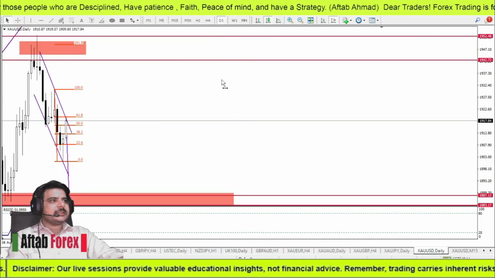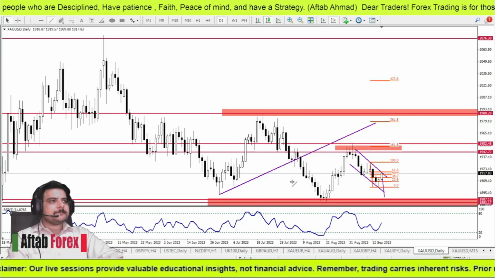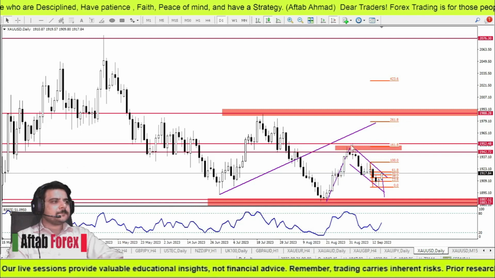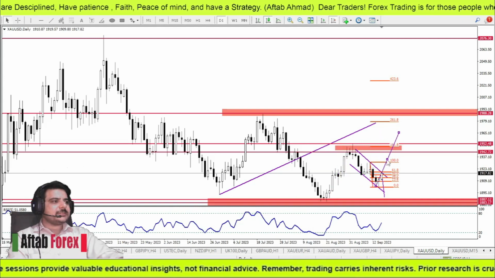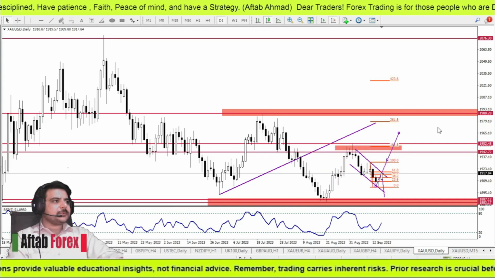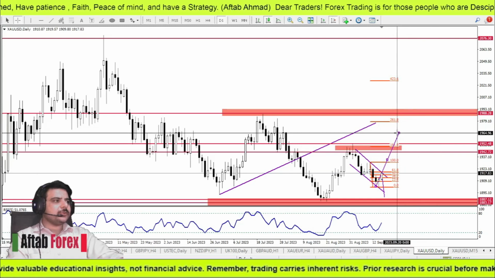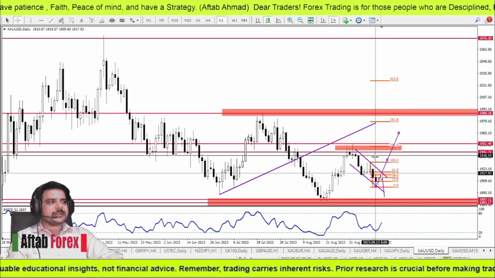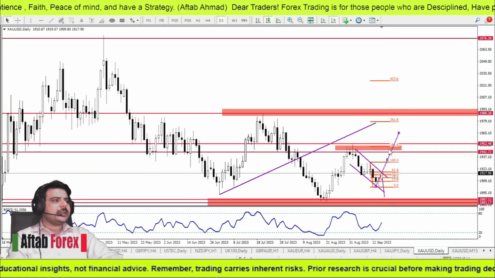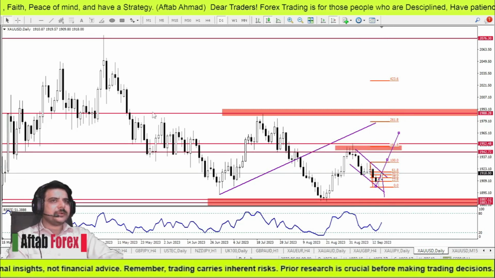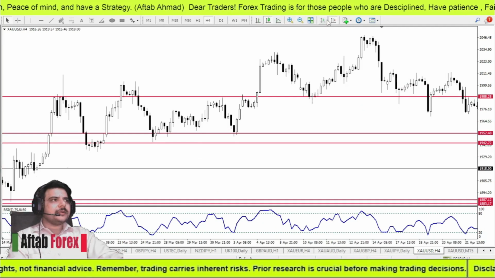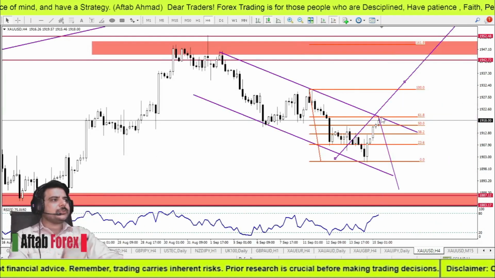And on the daily there is one other thing. This is also an ABCD pattern, and that is pointing towards 1964, but anyways our level is right here, so if we take a buy, that will be closed right here. Now in such a situation, what will you do?